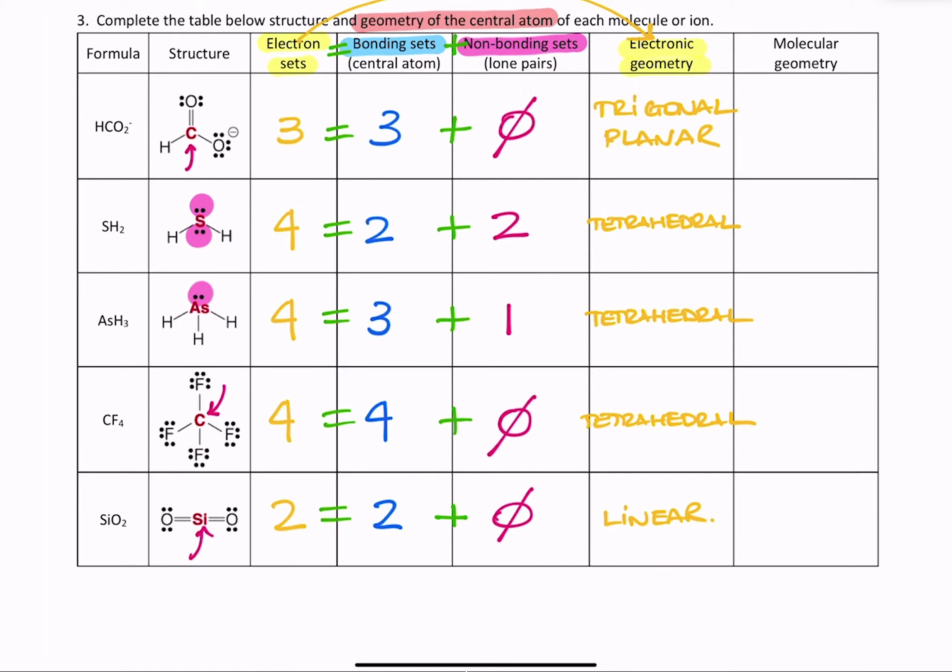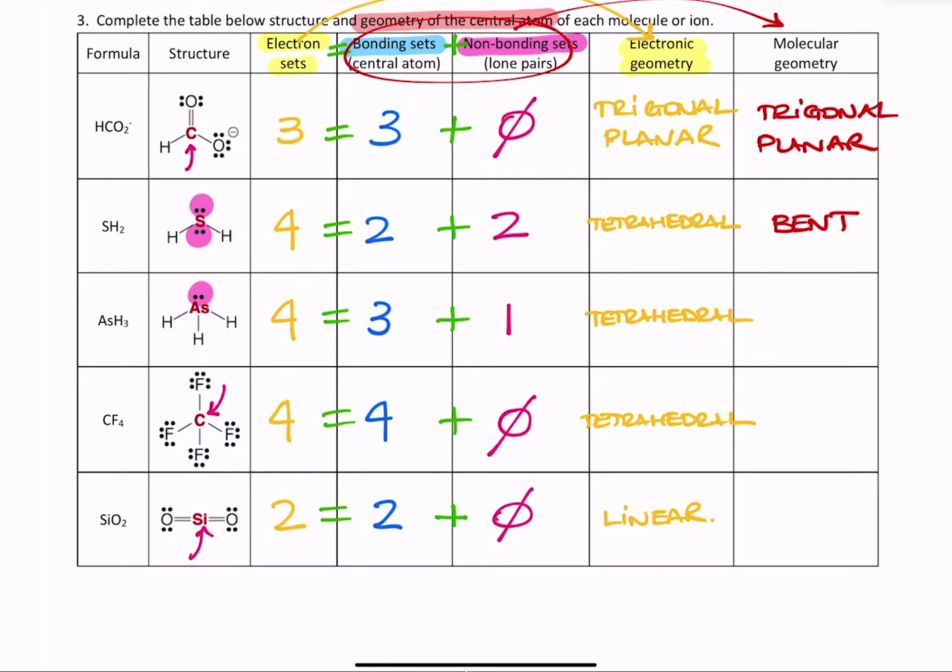Then finally, we're going to take a look at the combination of bonding and non-bonding sets to determine the molecular geometry. We have 3 bonding and no non-bonding set for this electronic geometry. Therefore, the molecular geometry is as well trigonal planar. For the second molecule, out of these 4 electron sets, 2 are bonding and 2 are non-bonding, therefore bent.